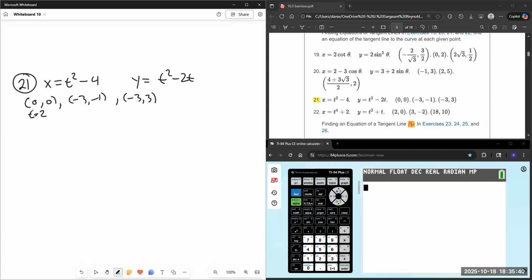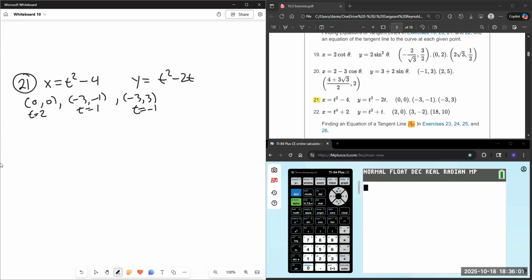Let's see which it is here. -1 will give me 1 plus 2 is 3, so that's -1, and this has to be +1. 1 minus 2 is -1. So those are my 3 t values that I need.